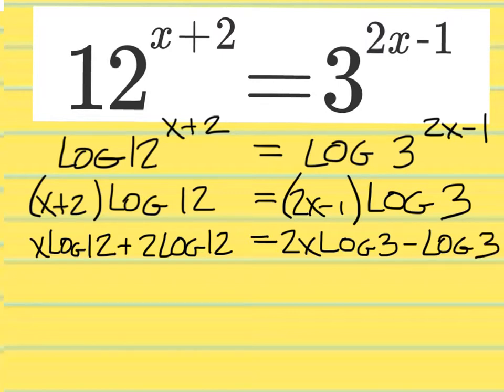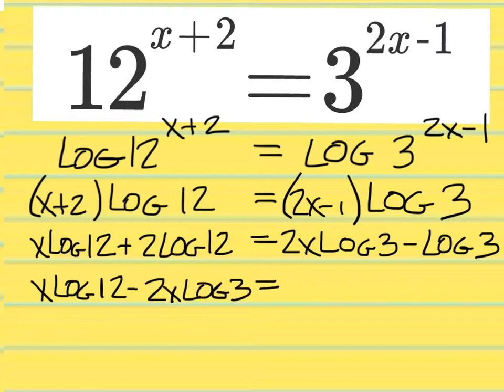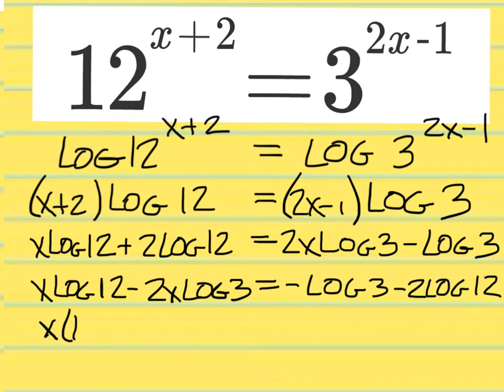You have to have your x's on the left-hand side. So it's going to be x log 12 and then minus 2x log 3. And on the right, negative log 3 minus 2 log 12. Factor out an x on the left.